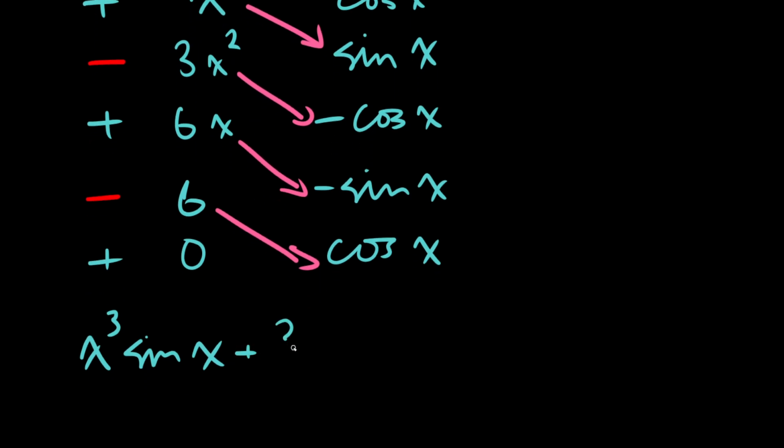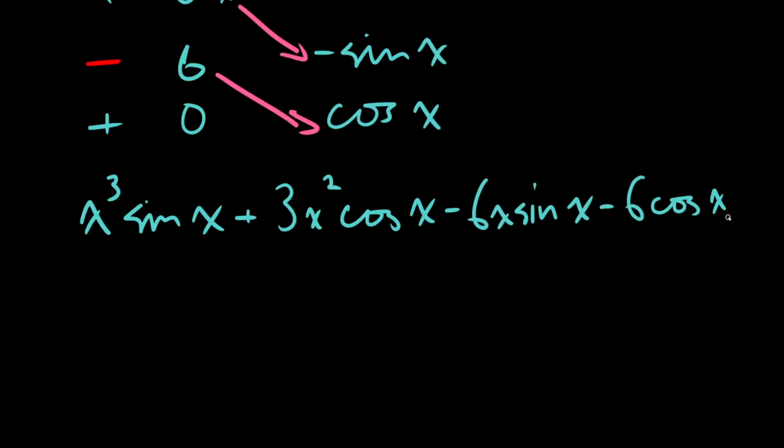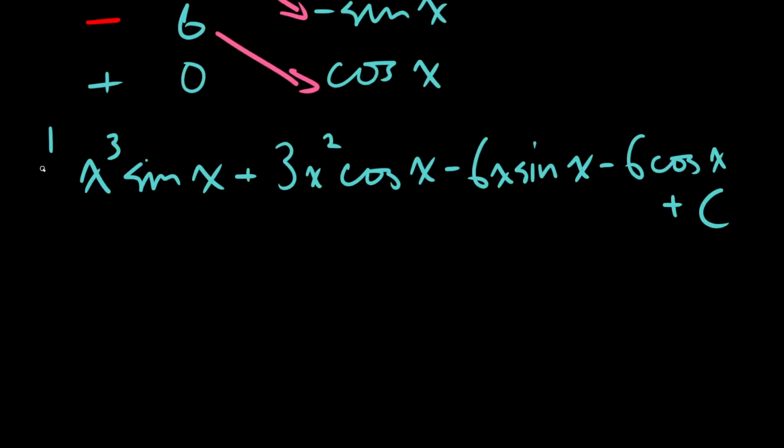So it's plus 3x squared cosine x, plus 6x times negative sine x, so minus 6x sine x. And then finally, minus 6 cosine x. Of course, don't forget plus C. And at the beginning, we pulled out 1 over pi as our constant, so let's put that back. And that's the answer. Sorry, this plus C should be up here.